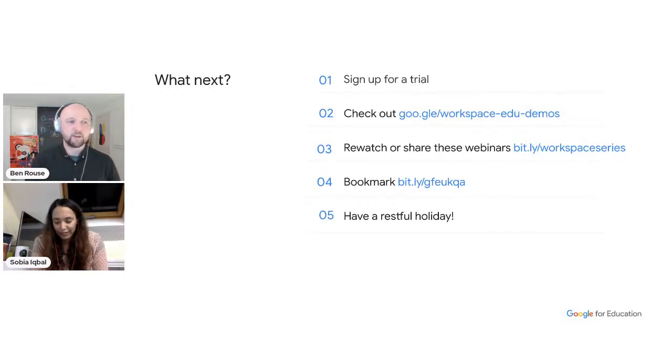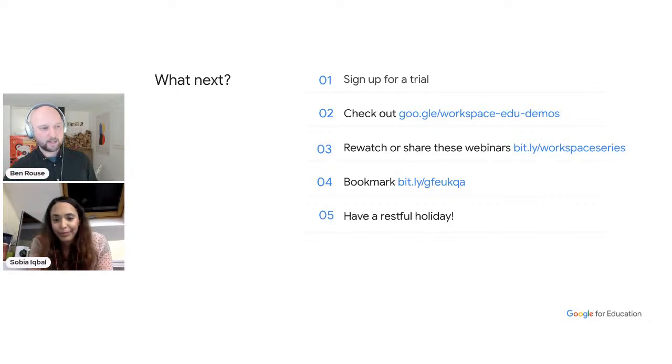So via that link, you can check those out. As I said, rewatch these videos. The last one, Safer Learning, went into more detail on those technical bits. And if you want to get back into some of the resources, just bookmark the Q&A doc using that link there.